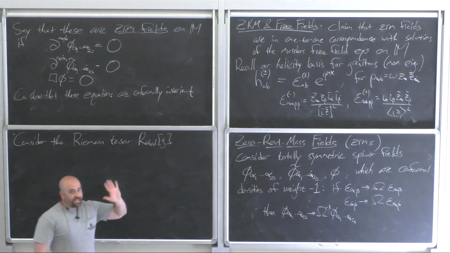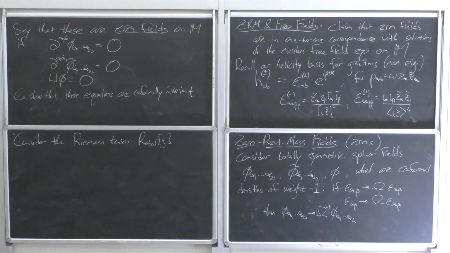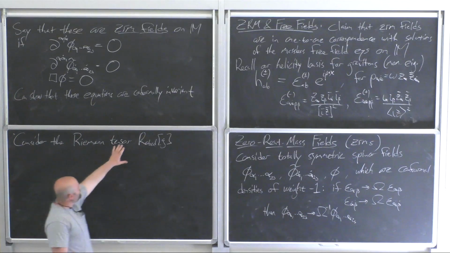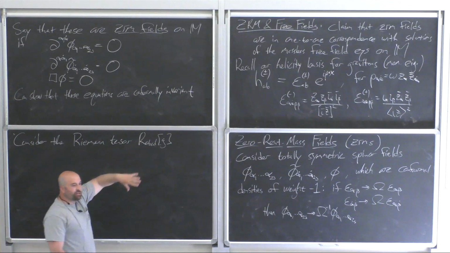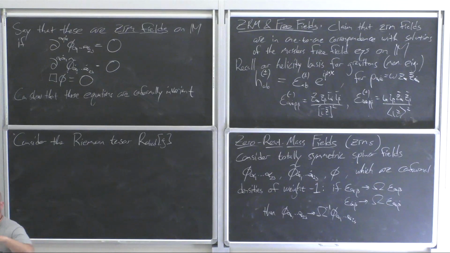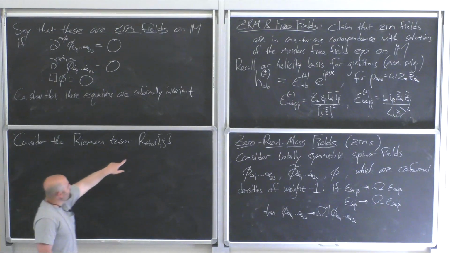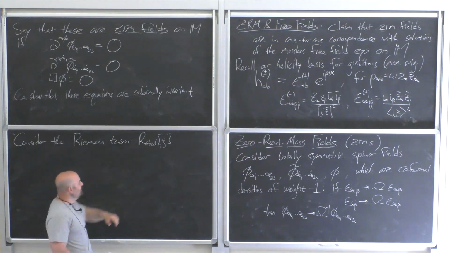But without doing any calculations at all, I know that that two-spinor representation of this R can be decomposed into certain SL2 irreducibles, just because this tensor has some symmetries, right?